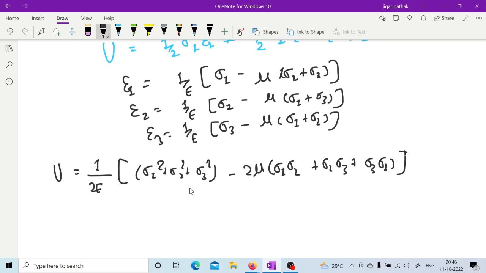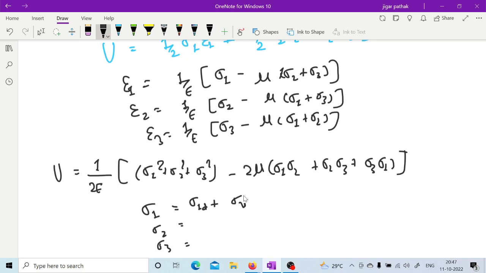Now the stress along all three directions has two components: a deviatoric component and a volumetric component, which is going to change the volume.